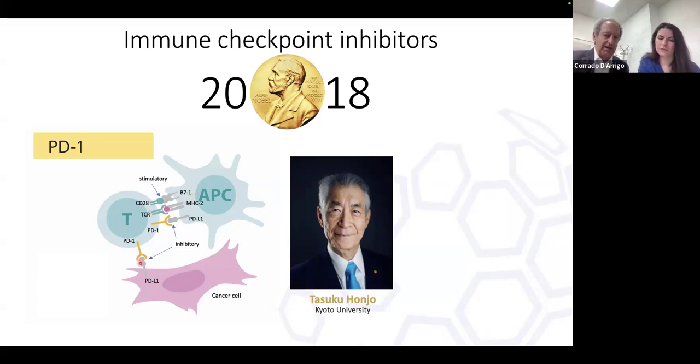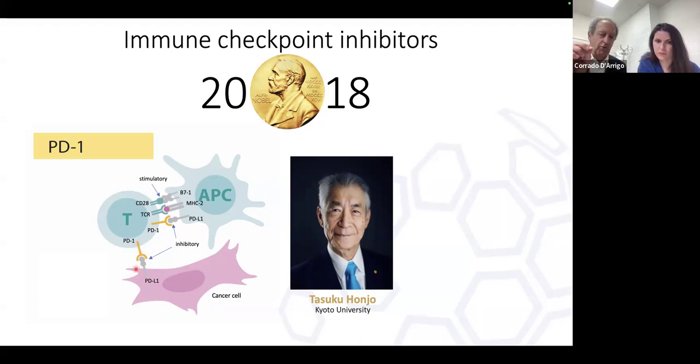The result is then that the T cell can mount an immune response against the antigen. Here it is a cancer cell which may also be able to present antigen and to present the ligand for PD-1 and inhibit the T cells.